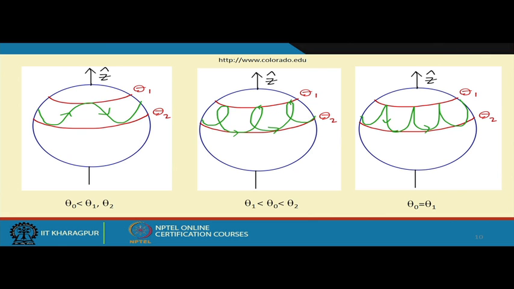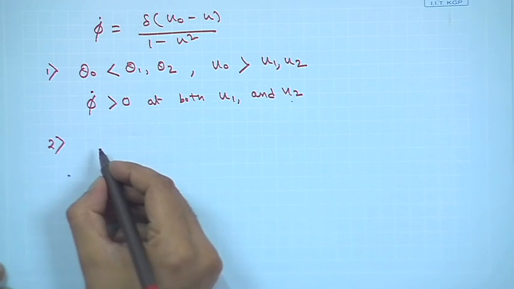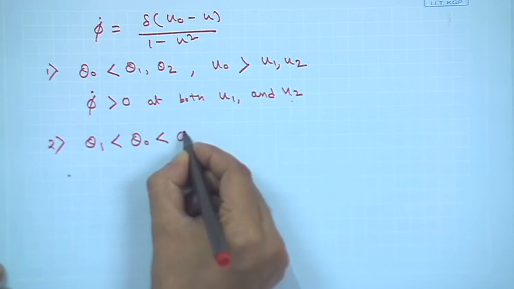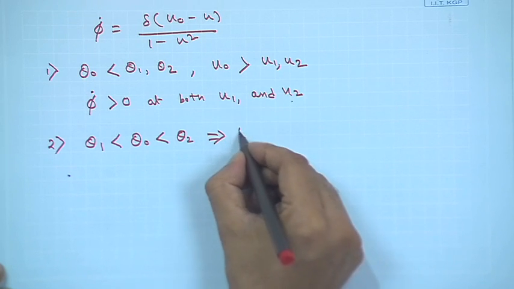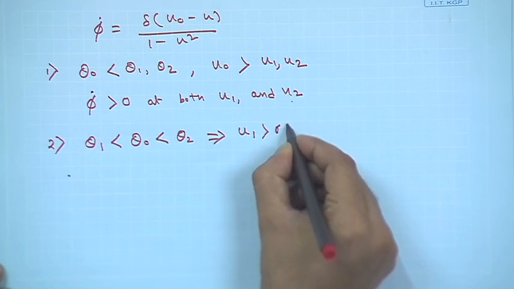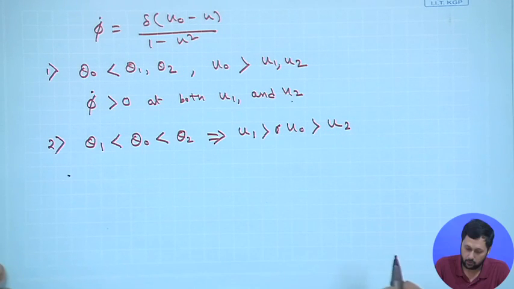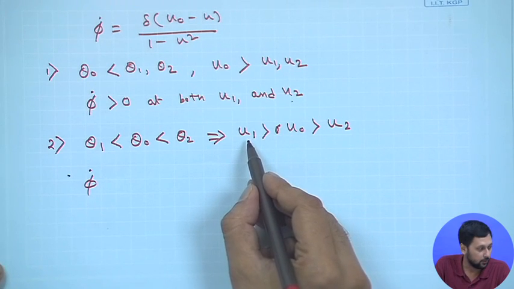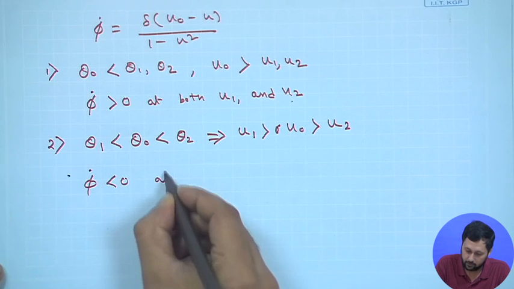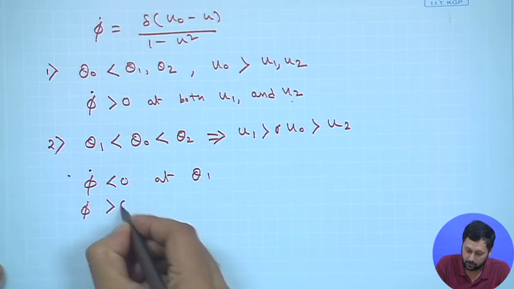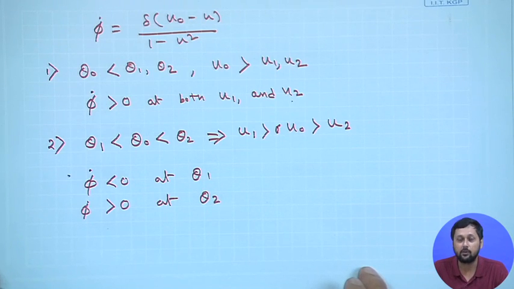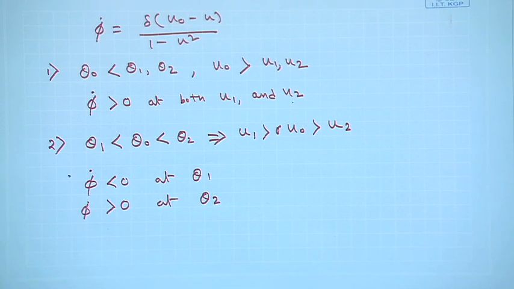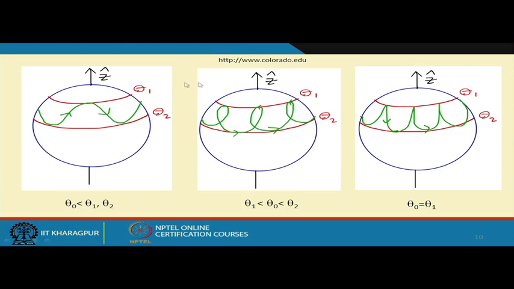Now, the second condition: theta 1 less than theta 0 less than theta 2, which corresponds to u 1 greater than u 0 greater than u 2. If you see, u 0 is less than u 1, so phi dot is less than 0 at theta 1 and greater than 0 at theta 2. That means you have a precession which is positive at the lower bound but negative at the upper bound, which corresponds to the second case.